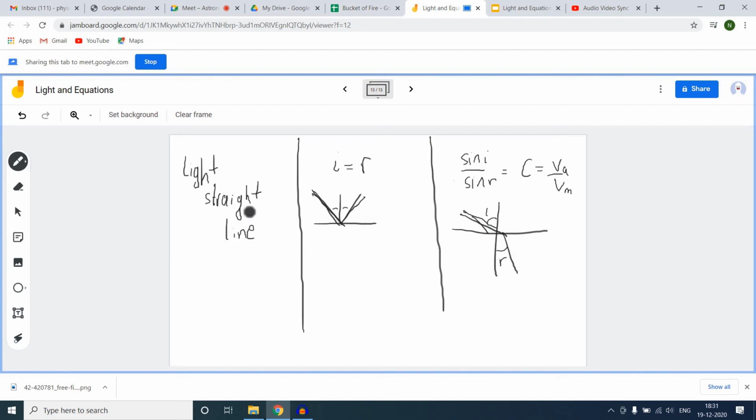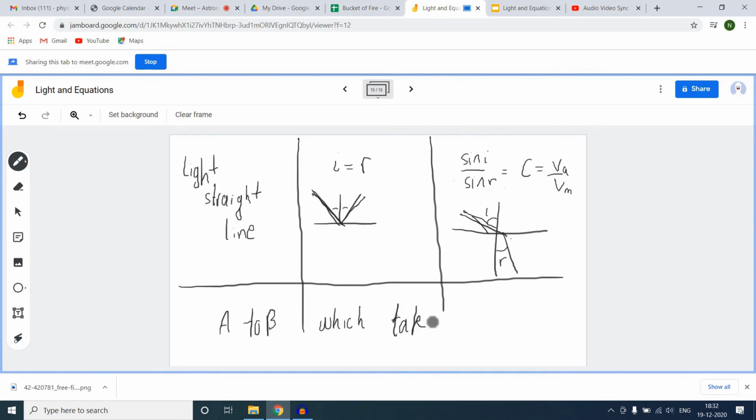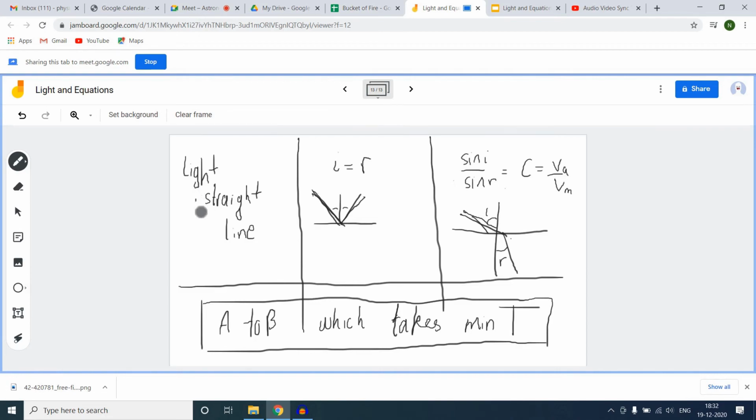So basically you had to talk about 7 different sentences to explain how light actually behaves. But Fermat just put all of these 3 things in one sentence. Fermat just said light will go from point A to B, which takes the least time. Minimum time.